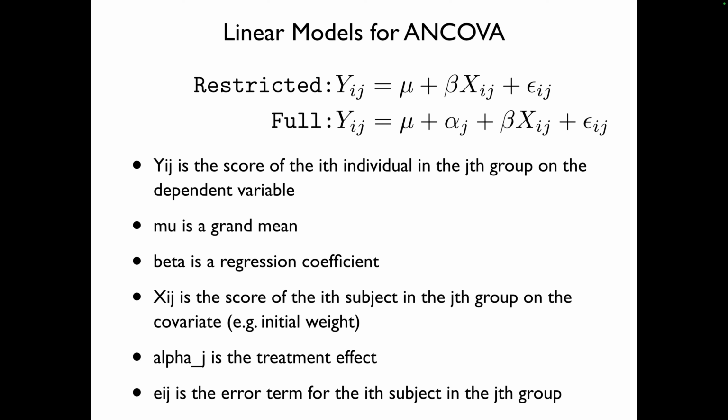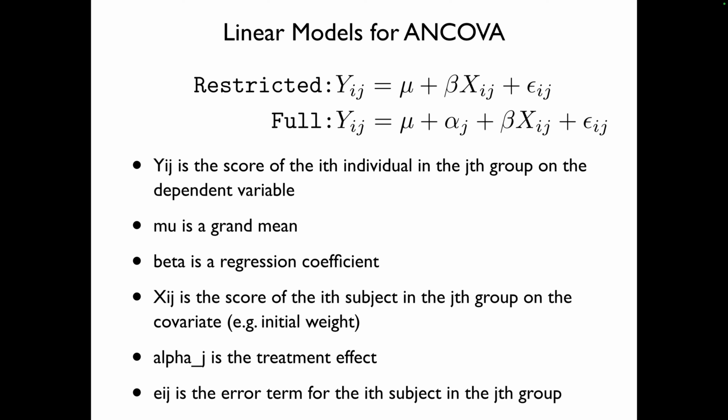That's the null hypothesis. The alternate hypothesis, the full model, says no. Hippocampus volume is determined not only by age, but also by alpha sub j, which is an effect of being a taxi driver or not being a taxi driver. Alpha sub j codes for the group that the participant is in, group 1 or group 2, taxi driver versus not taxi driver.